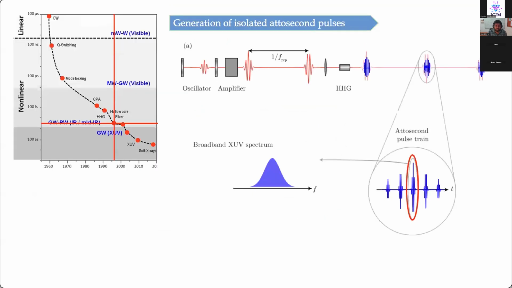Now, we were working on the development of isolated attosecond pulses from this broad system, and we could get attosecond pulses of about 150 attoseconds by modifying the fundamental oscillator amplifier geometry.